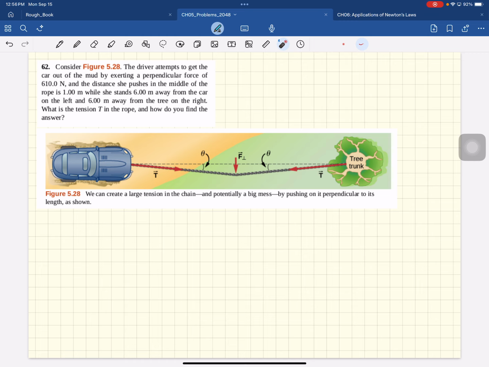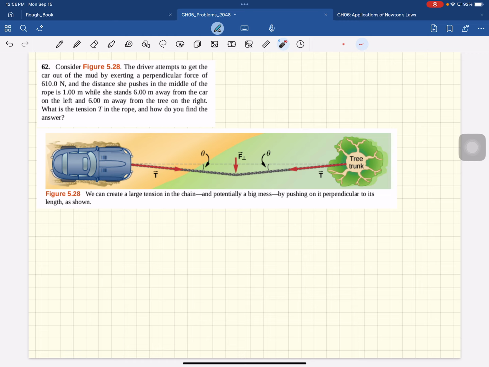And the reason you push here, and you'll see in a second, is if you push here, that will result in a tension here. And this tension can be 3 to 4 times this push. So this is acting like a simple machine. It's magnifying your force.